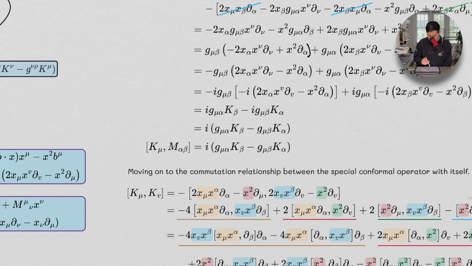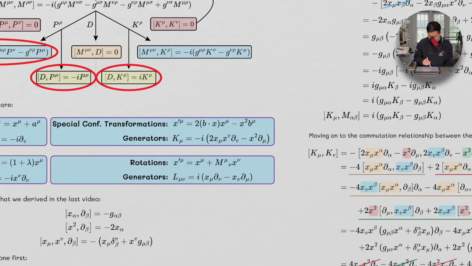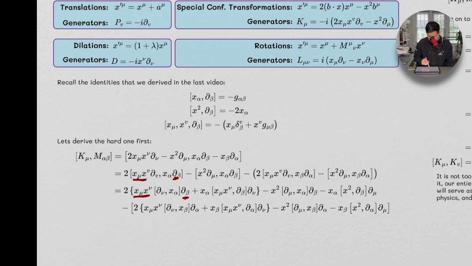And so we get the commutation relationship between our special conformal transformation generator and our Lorentz transformation generator, or our rotation, right? So this is M right here. I called it L, but this is also M, because M, we said, is this right here, which is the same thing right here. Okay.